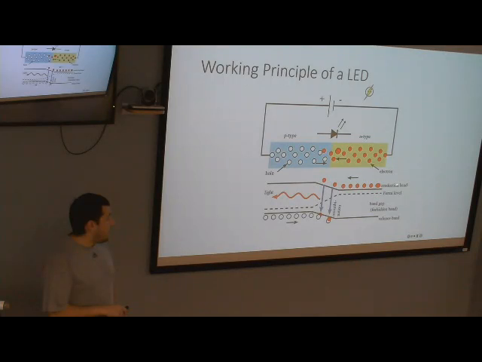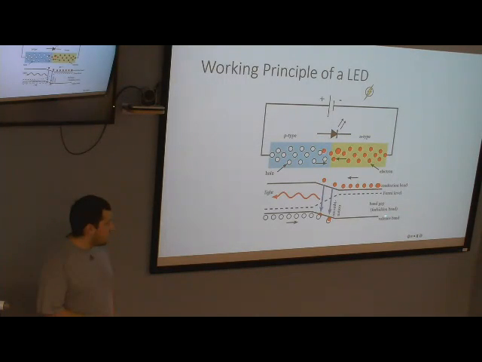So we have a conduction band and the valence band. That's usually referred to as the HOMO and the LUMO, the lowest unoccupied molecular orbital and the highest occupied molecular orbital. The HOMO is usually referred to as the valence band, and the LUMO as the conduction band.